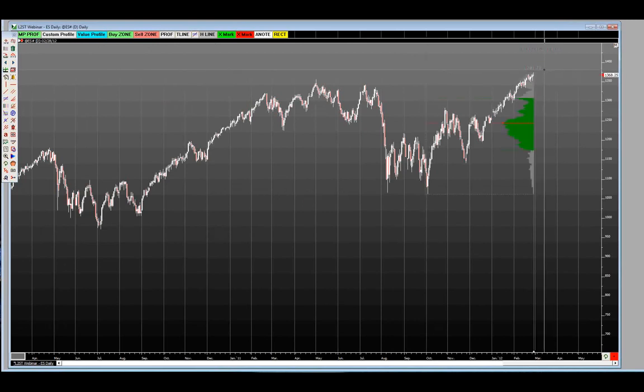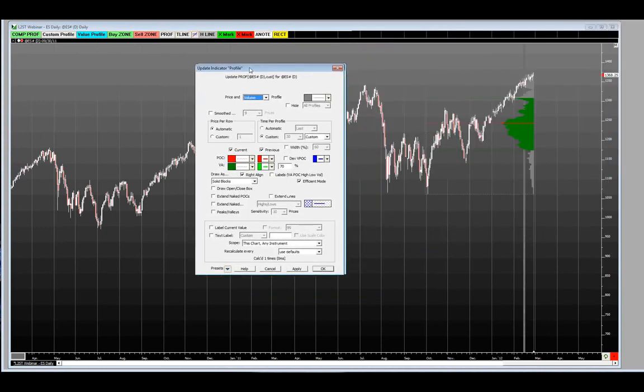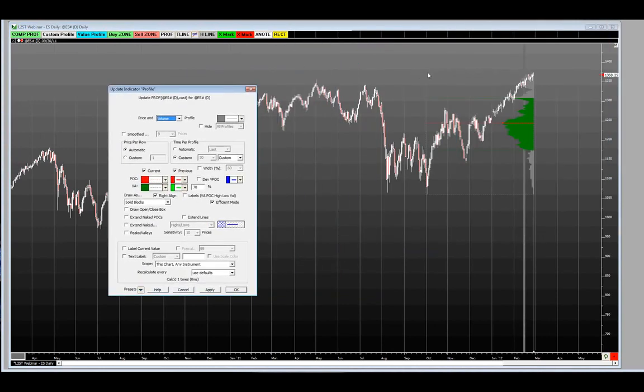Okay, now this is a traditional volume profile. It shows the value area high, value area low. It shows the point of control. Now to change this, all you have to do is double-click on the edge of the profile where you see the dashed line.